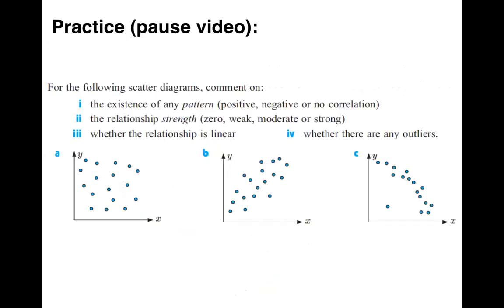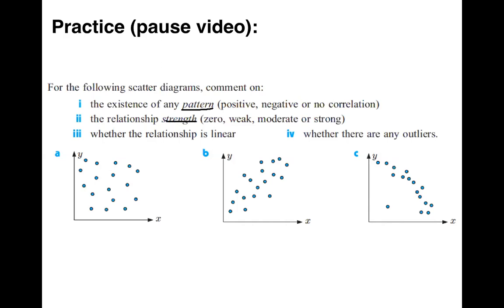Okay, so I'm gonna have you guys do a short problem here. I've given you 3 different scatter plots. And for each scatter plot, I would like you to comment on the existence of a pattern. So is there a positive, negative, or no correlation? I would like you to comment on the strength of the relationship here.